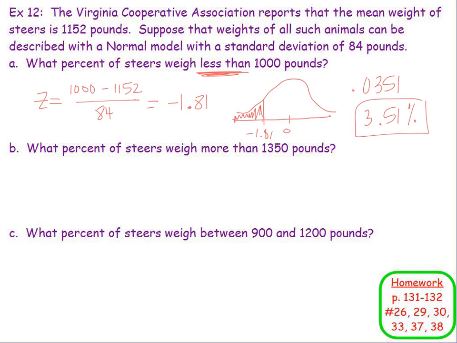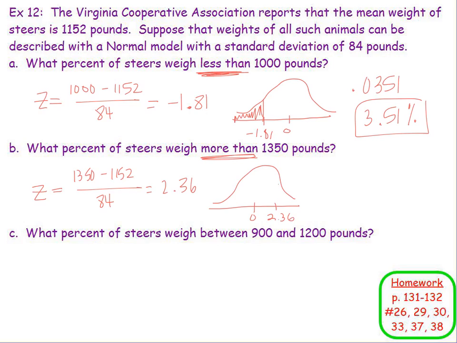What percent of steers weigh more than, so this is a more than problem, 1350. So my z-score, 1350 minus 1152 divided by 84. Round appropriately, I get 2.36. Zero's in the middle. 2.36 is on the right.